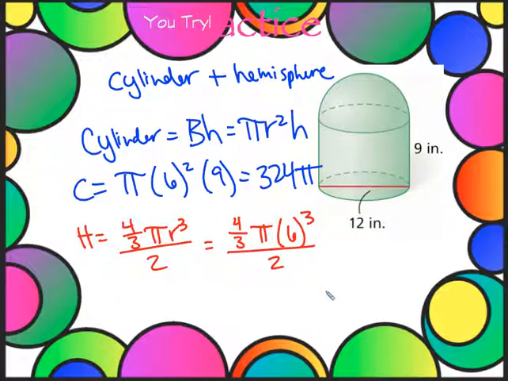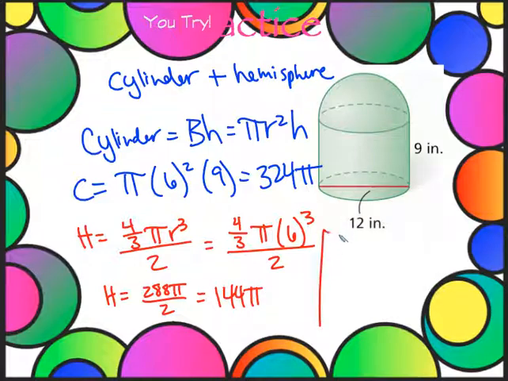So 6 to the third is 216 times 4 divided by 3 is 288. So we have 288 pi on top and 2 on bottom. So 288 divided by 2 is 144. So we get 144 pi for the hemisphere.